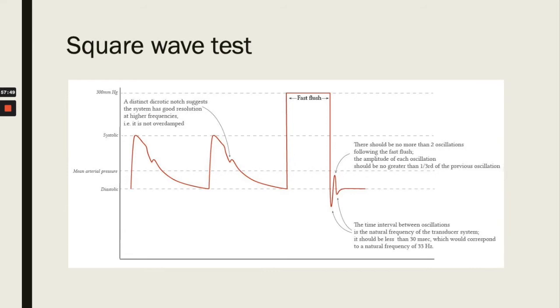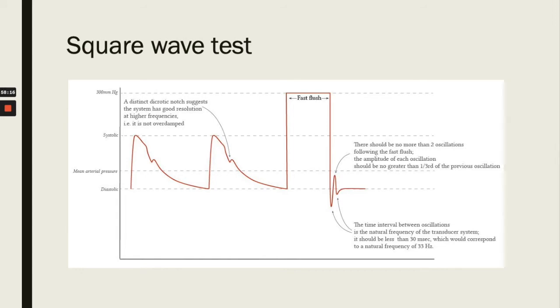When we do the fast flush, that's when we're pulling our pigtail or squeezing at the transducer and getting that straight up flush. Then when we release it, following that flush, we shouldn't have any more than 2 oscillations. So that's the bounces that you see here, 1, 2, and then it should go back into reading the arterial pressure.